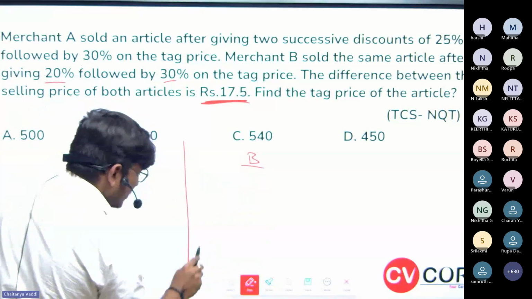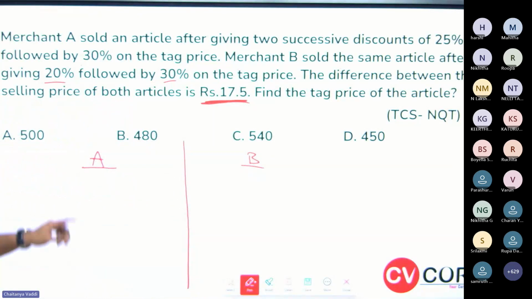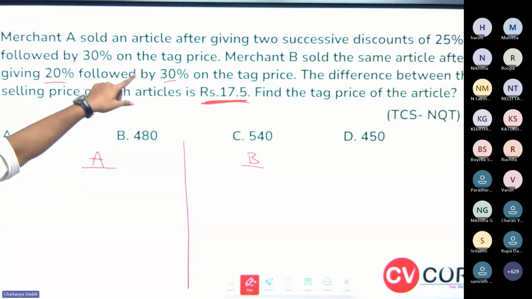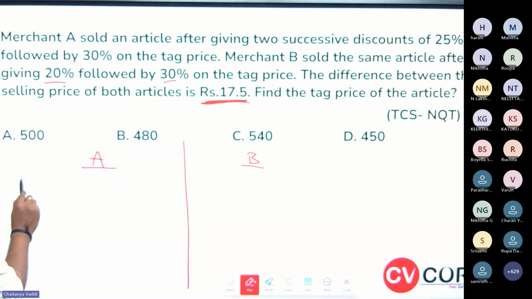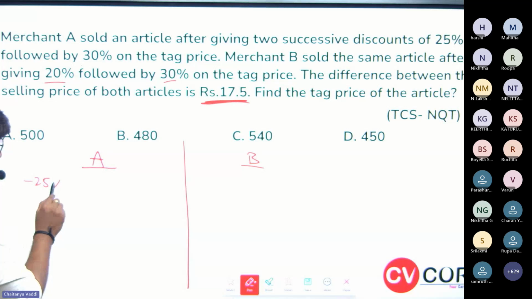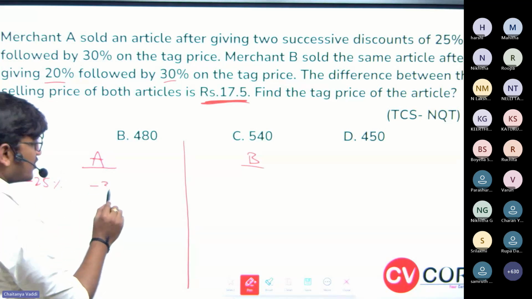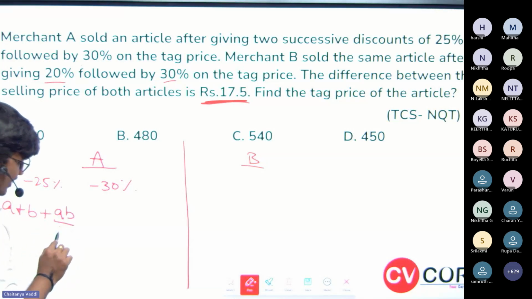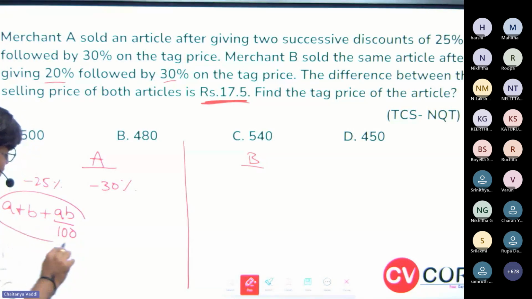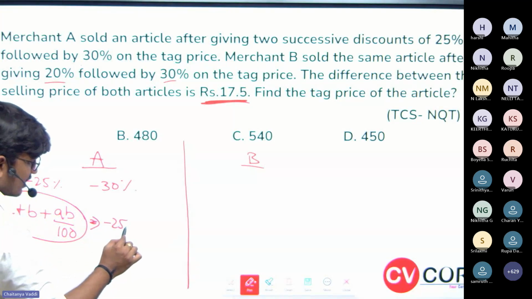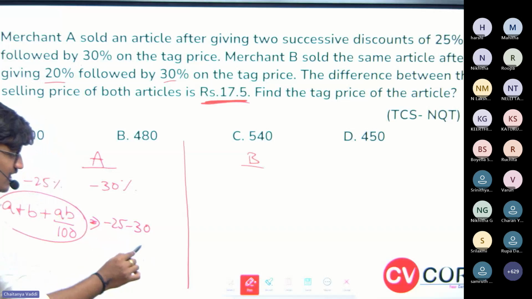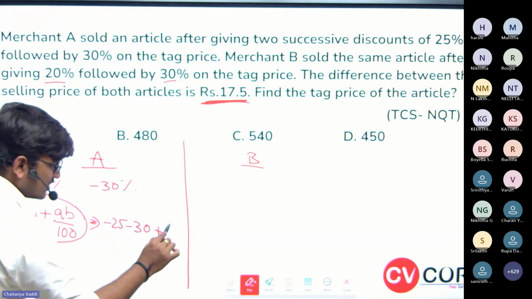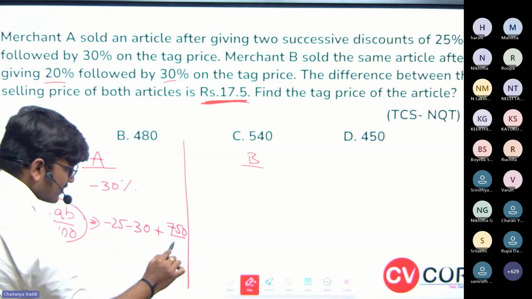See how simply we can solve this question. Merchant A sold an article after giving two successive discounts. The first discount is 25%. What's the second discount? 30%. Now we already know the formula, A plus B plus AB by 100. When we are talking about discount, we should consider negative values. So here minus 25 minus 30, plus minus into minus, 25 into 30 is 750 by 100.